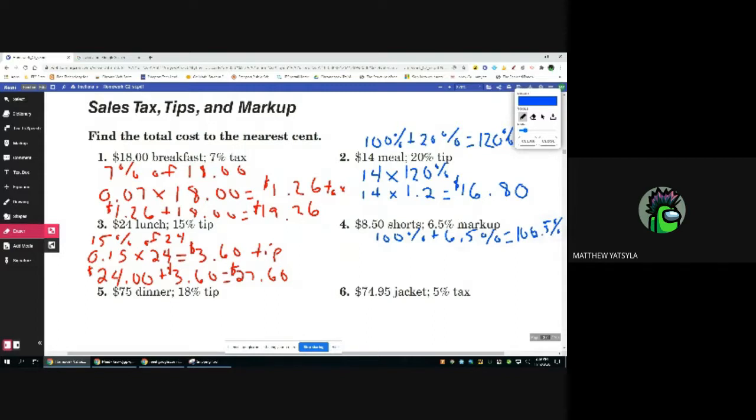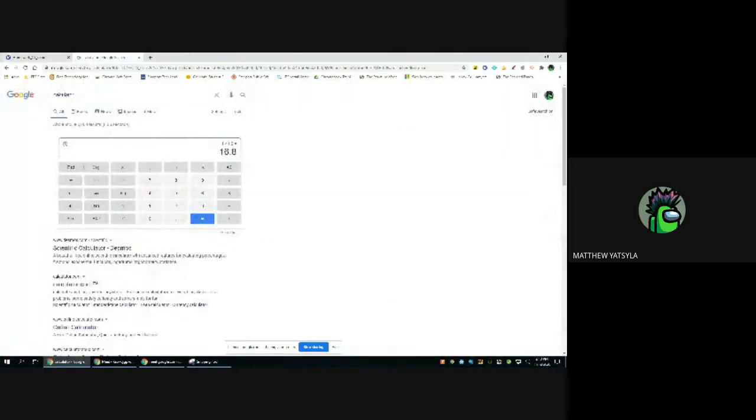So I would do $8.50 times 106.5%. We would convert this to a decimal, moving over twice, to get $8.50 times 1.065, which we'll take a calculator out for.